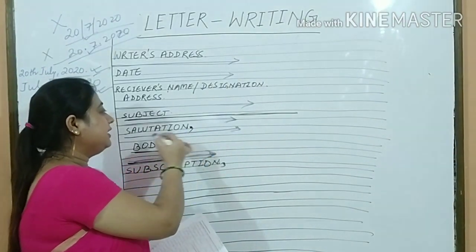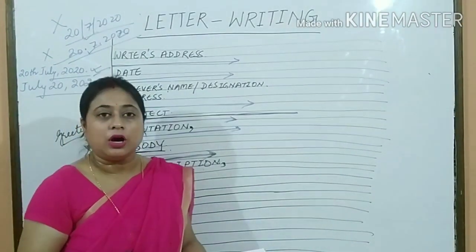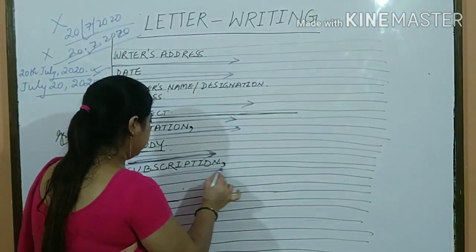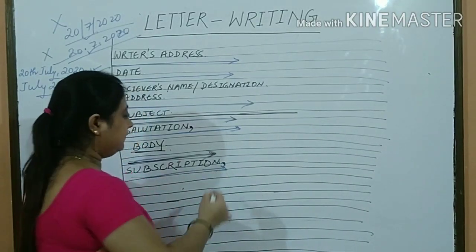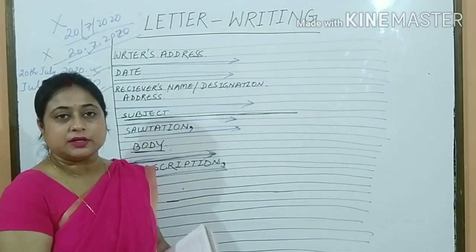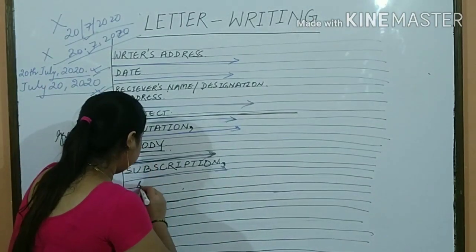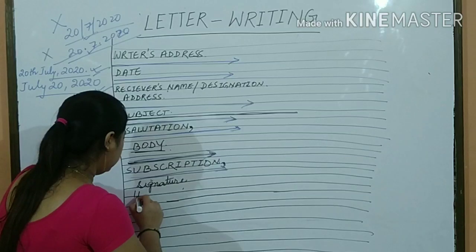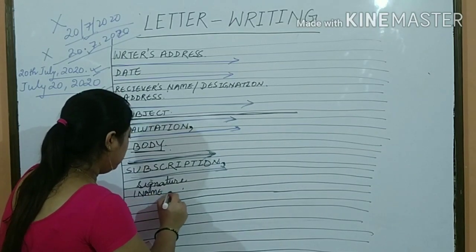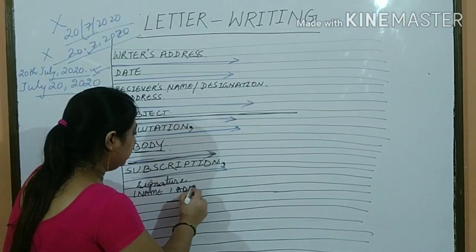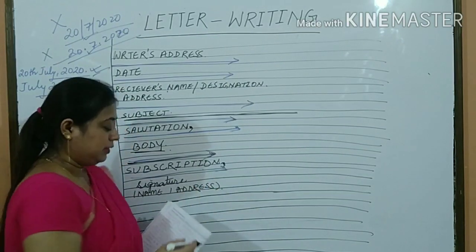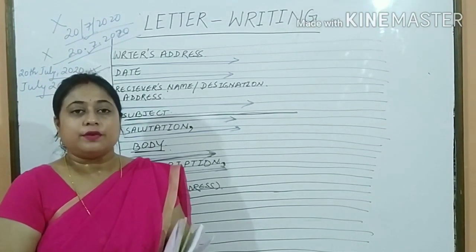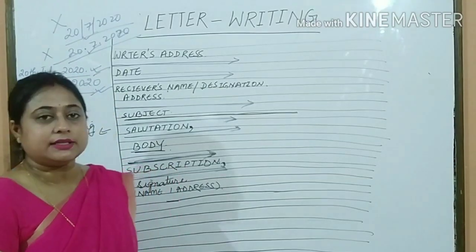The salutation is also followed by a comma. Now, after you end your subscription, again you will leave a blank line, and then after the subscription, here you will give your signature, full signature, followed by your complete name. Your address also you can mention along with it. So this was the format of formal letters which you have to follow while writing it.